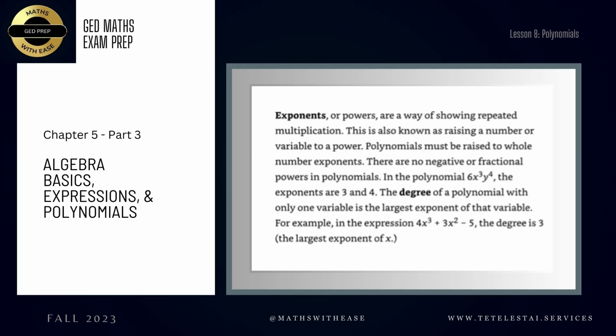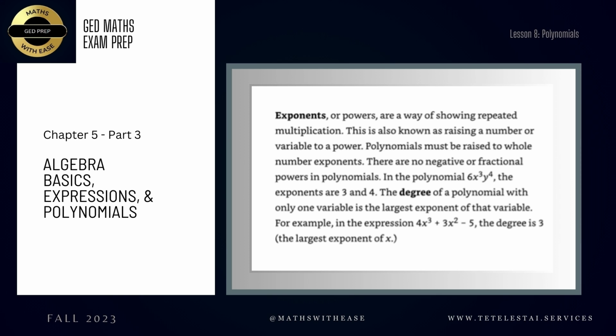So exponents or powers are a way of showing repeated multiplication, and this is also known as raising a number or a variable to a power. Polynomials must be raised to a whole number exponent. So in a polynomial expression, if you saw something like x raised to the power of 1/2, then that expression is not a polynomial because 1/2 is not a whole number.